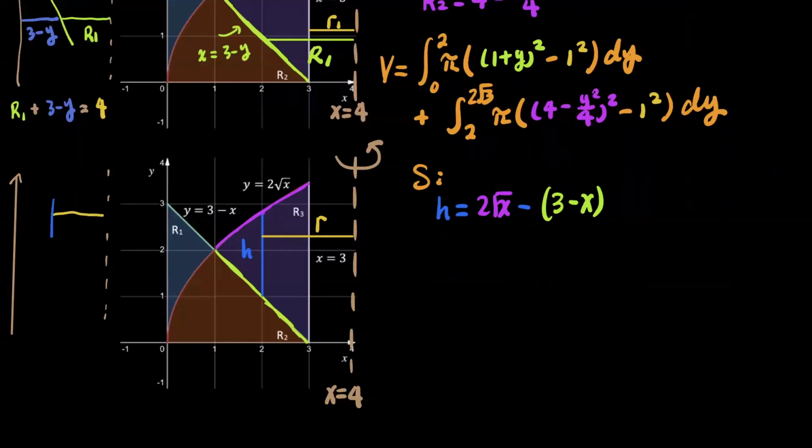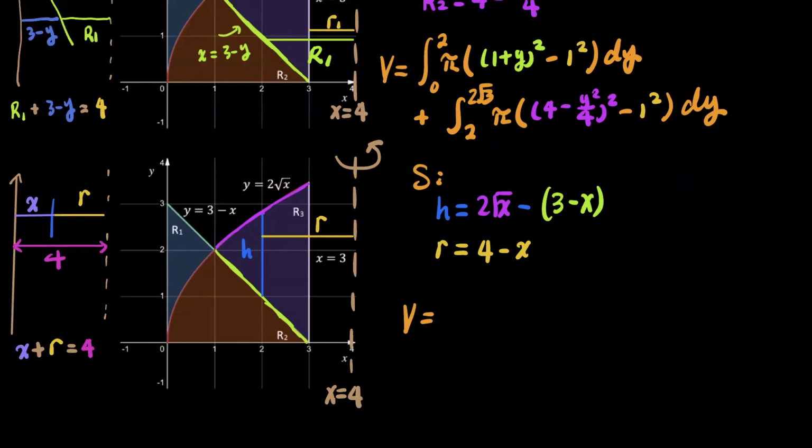Right? So this is what we need to find, r, but this distance is x, and total distance is 4, right? So we can see that x plus r is equal to 4. So r is 4 minus x. So one integral will do.